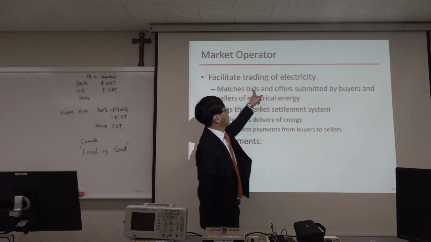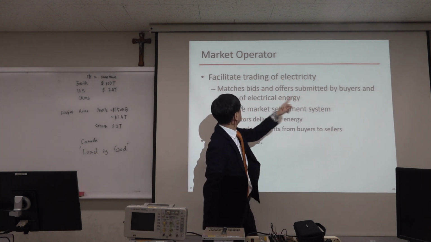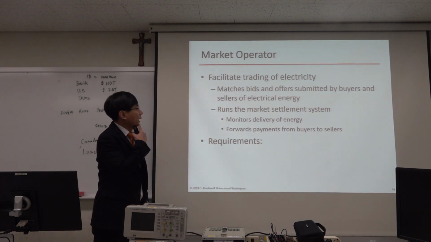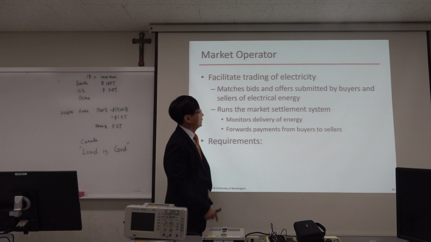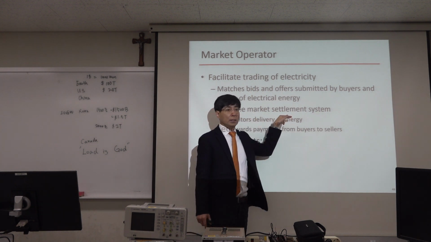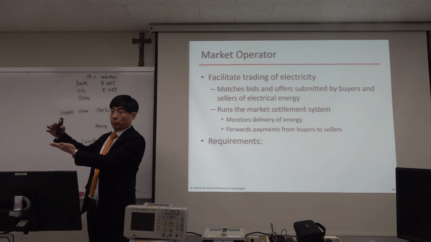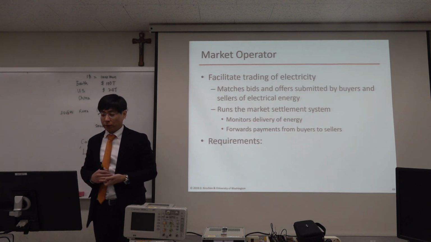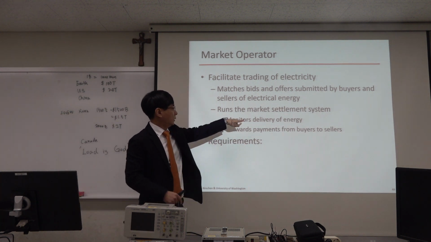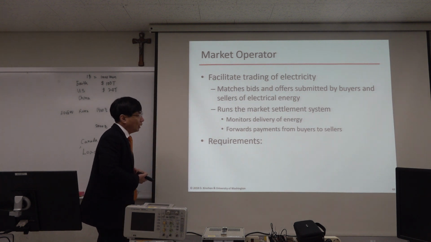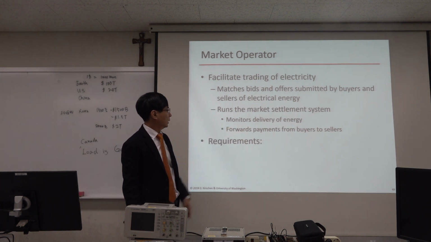So here the bid is for buyers and offer is for sellers. And they run the market settlement system. Market settlement. This means the sellers and buyers reach an equilibrium and the price is determined. And they monitor delivery of energy and forward payments from buyers to sellers.